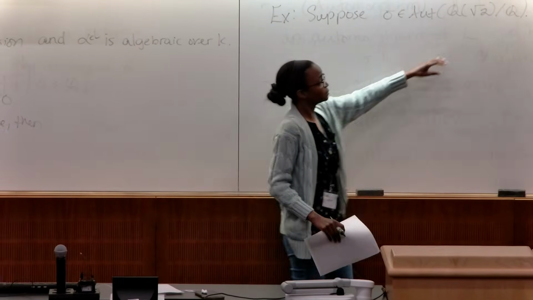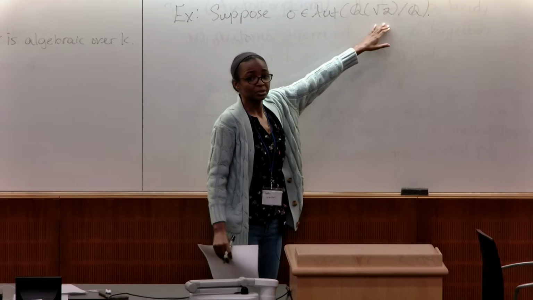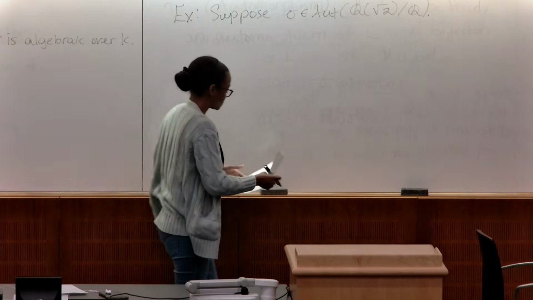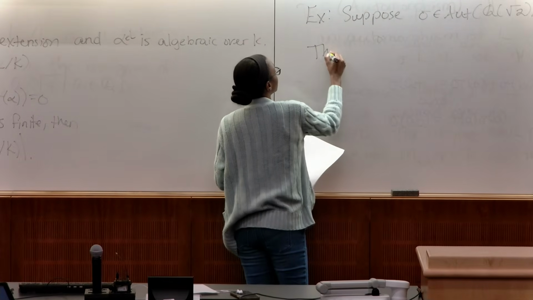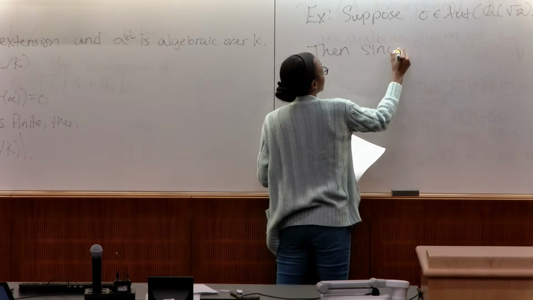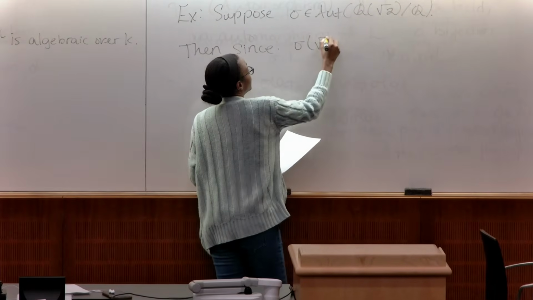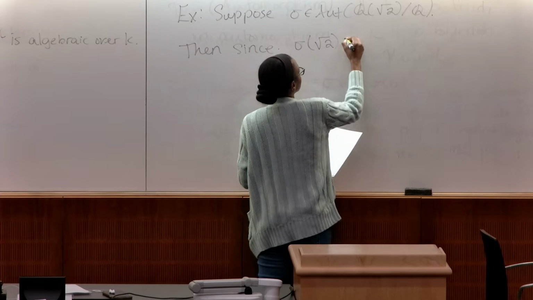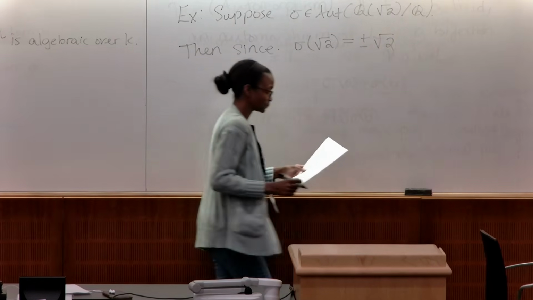As you might guess, the minimal polynomial for square root of 2 is just x squared minus 2. Then, assuming the result of the exercise, sigma of square root of 2 has to be equal to plus or minus square root of 2.